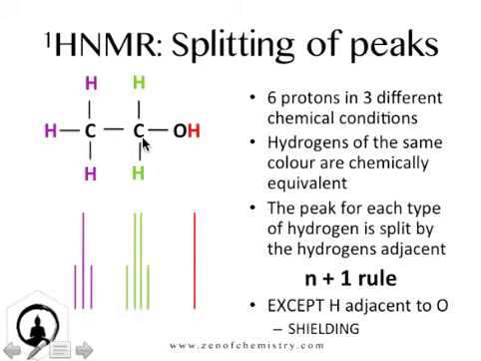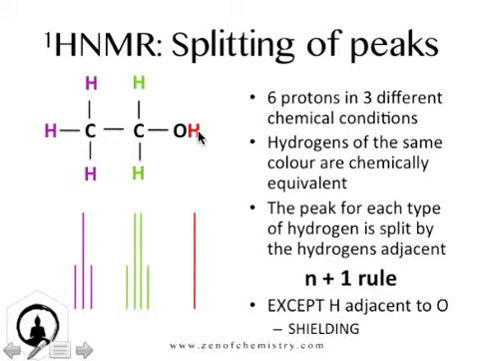So even though there are 3 bonds between the red and the green hydrogens, because of this oxygen, it makes sure that these hydrogens can't talk to each other. So these 2 hydrogens are split by these 3 hydrogens here. So 3 plus 1 is 4 peaks.